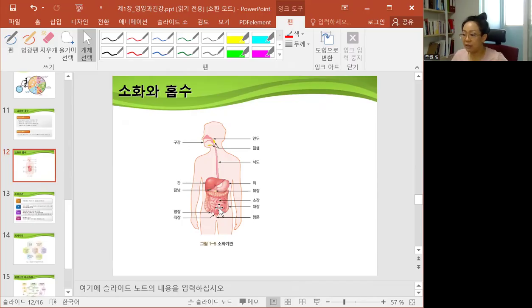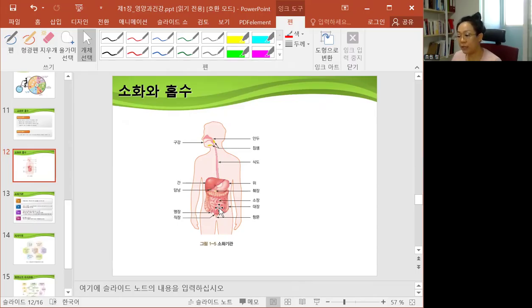Okay, the digestive system is how our body takes food, breaks it down, and uses it for energy.